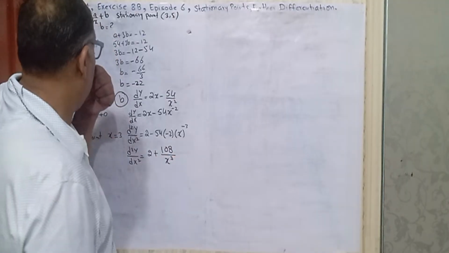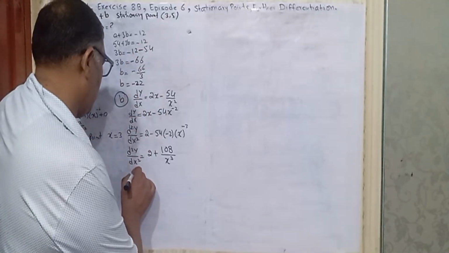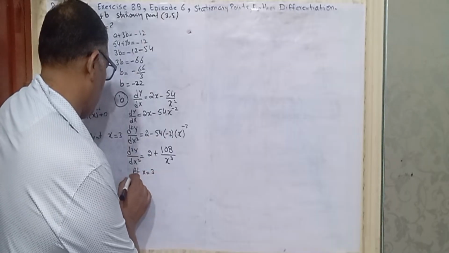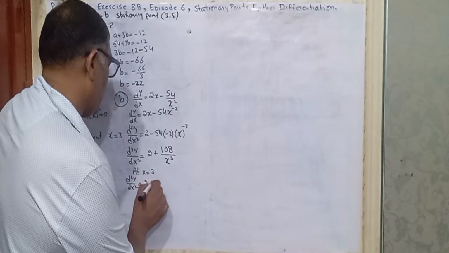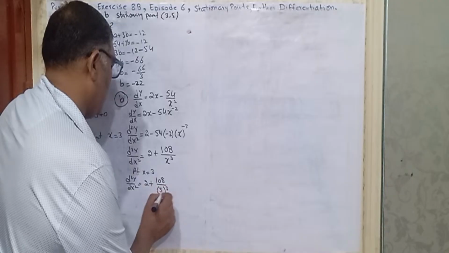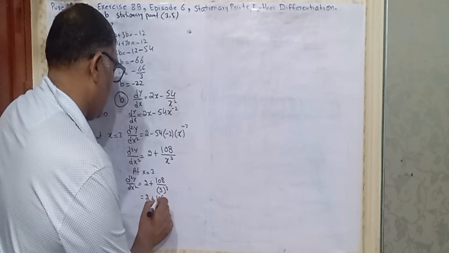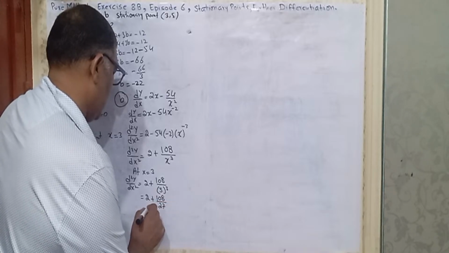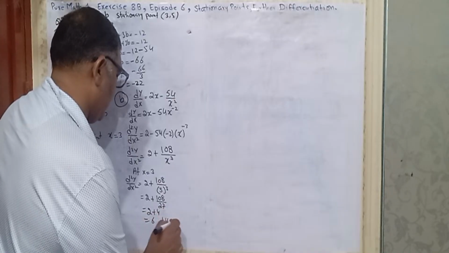Now I want to check the nature of this point, at x equals 3. So d squared y by dx squared is 2 plus 108 divided by 3 cubed, that is 2 plus 108 divided by 27, so that is 2 plus 4, that is 6, which is positive.